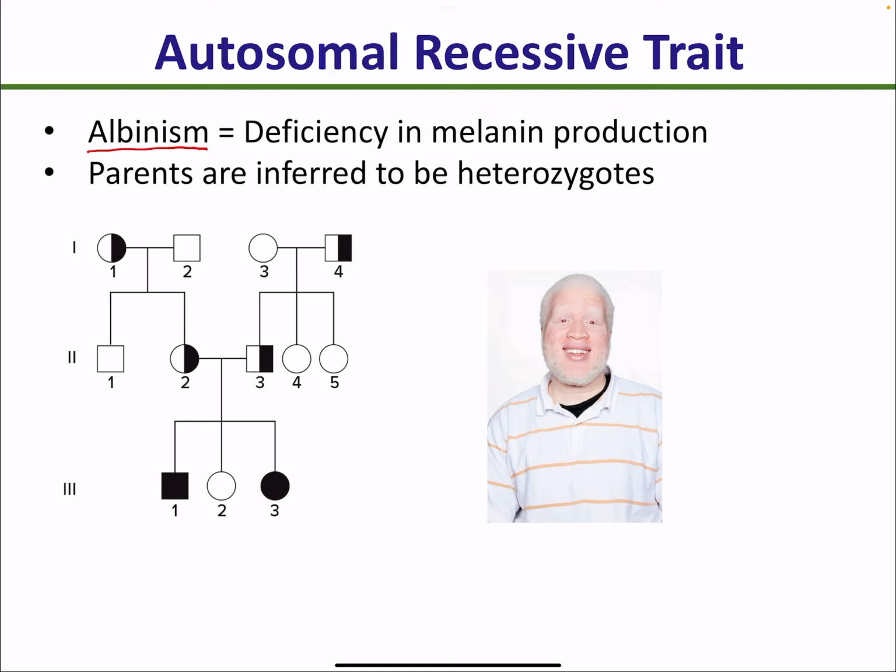Albinism is when an individual is not producing melanin because one particular enzyme responsible for the production of melanin is not being expressed, or that enzyme is defective, right?